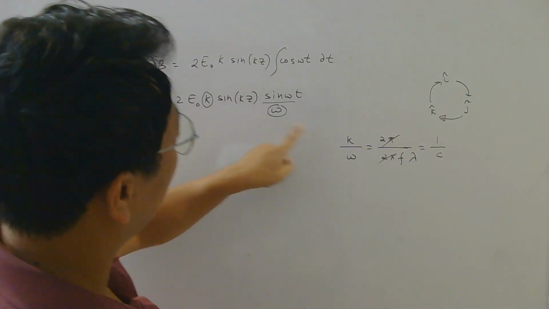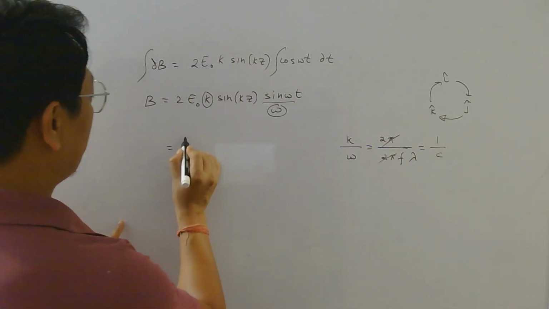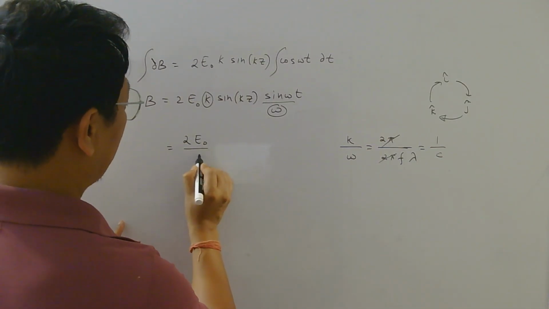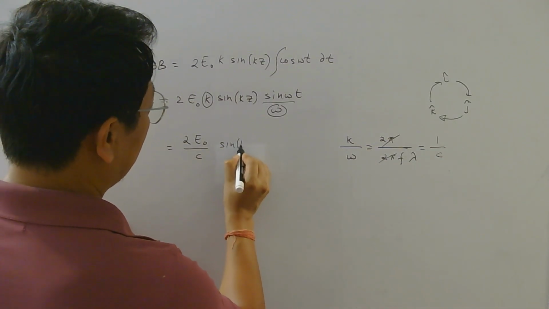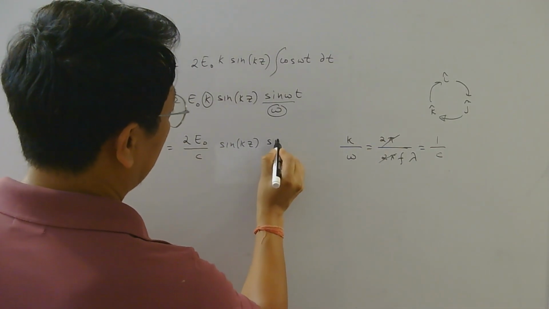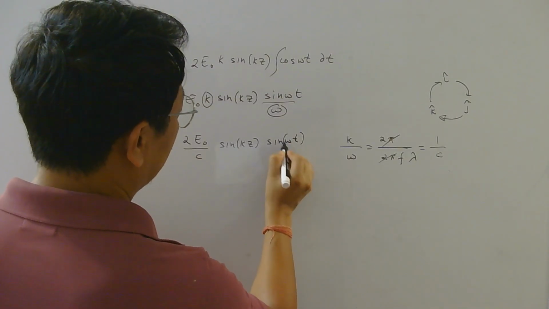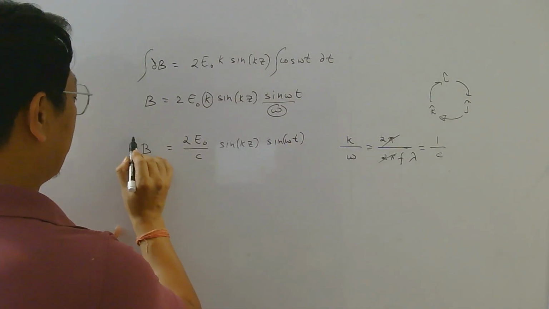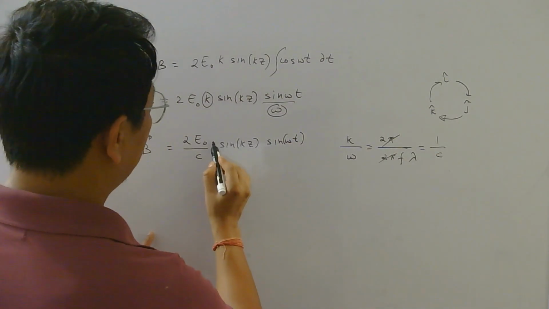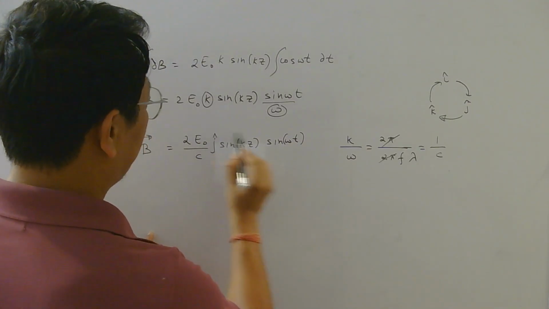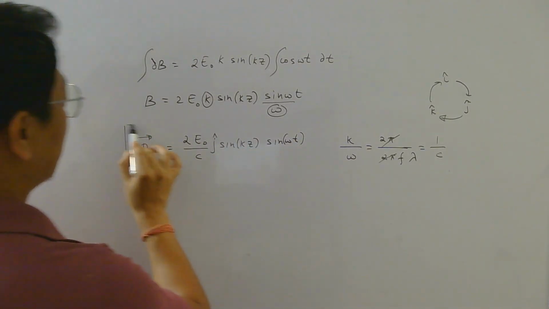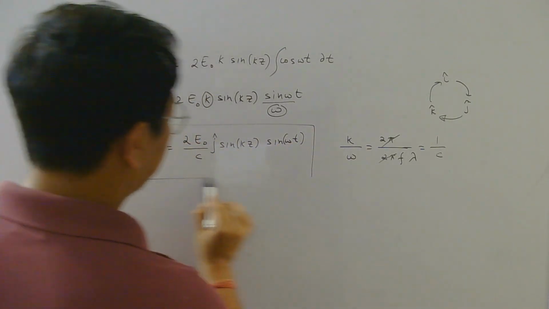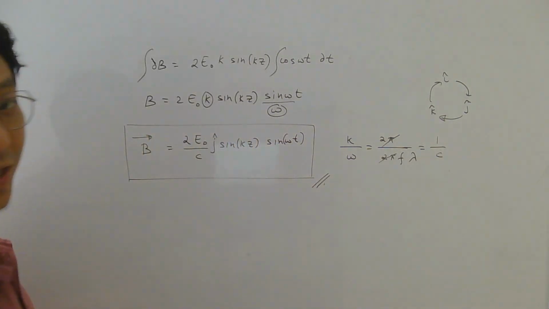So k by omega is 1 by c. So it will be 2 E naught by c sin kz sin omega t. And if you want to write it in vector form, then you just put j cap, because the magnetic field was along the y axis. So this is the answer.